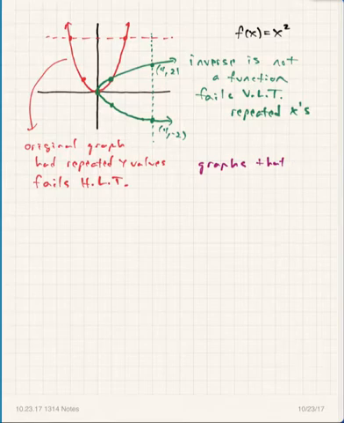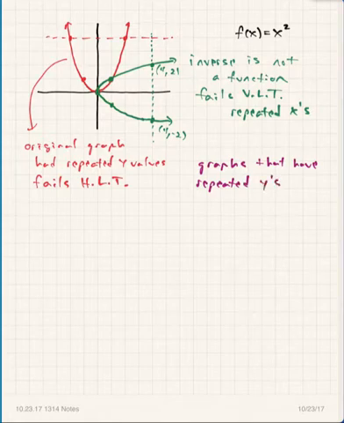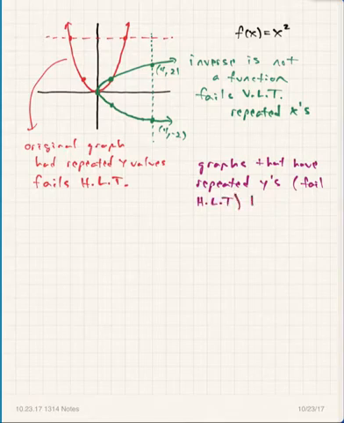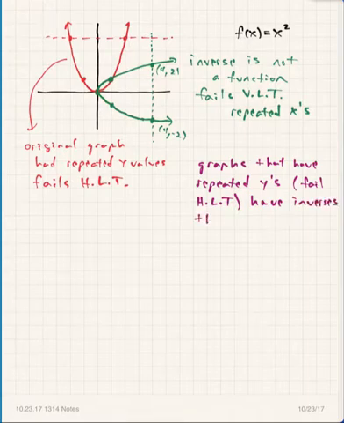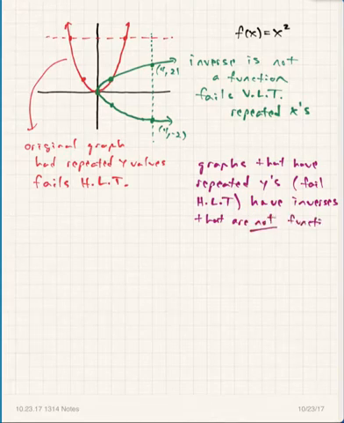Graphs that have repeated y's, in other words, they fail the horizontal line test, have inverses that are not functions. Because they fail the vertical line test when you look at those.